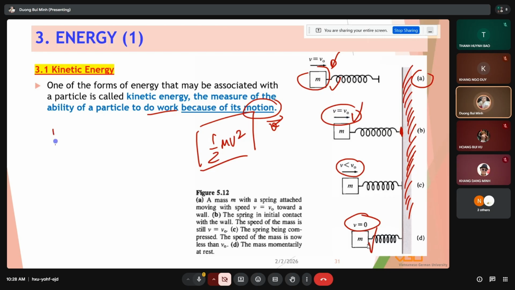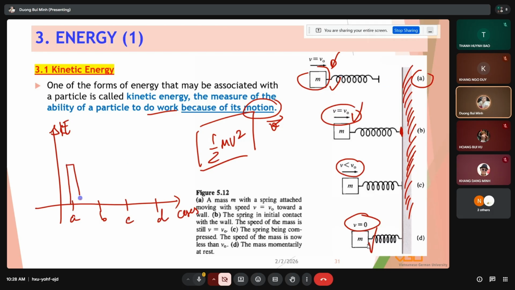So if here we have kinetic energy KE, and this axis is the cases, case A, case B, case C, and case D. For case A and case B, you get KE max.